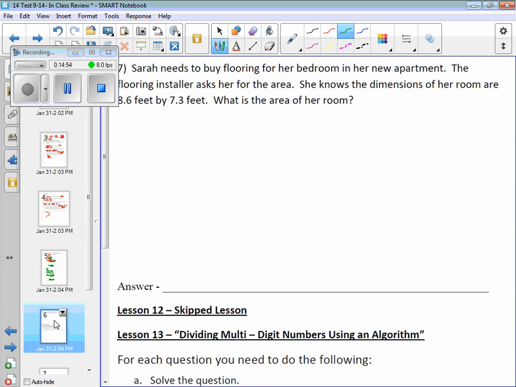Number 7 is an area question. And hoping in 5th grade that we learned that area is length times width. Had to remind some students about that today. I'm going to substitute my numbers in for length and width, which is 8.6 times 7.3.